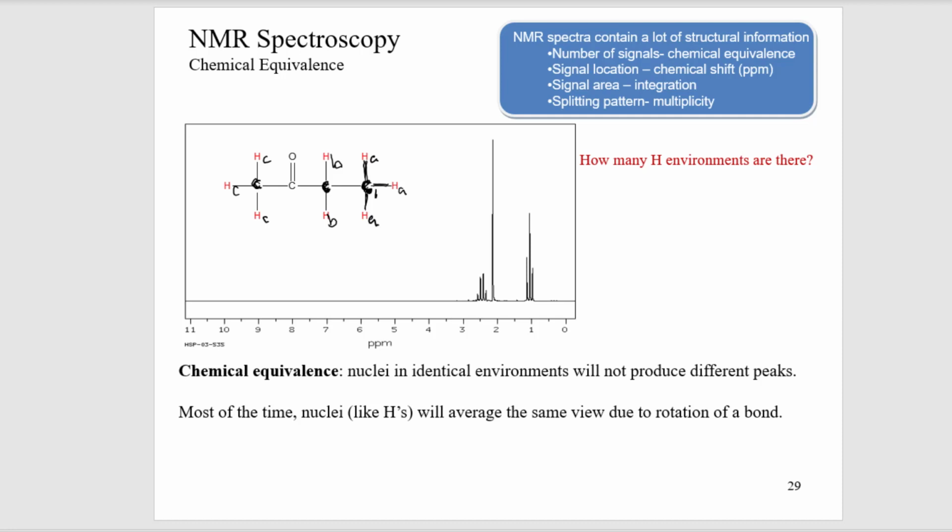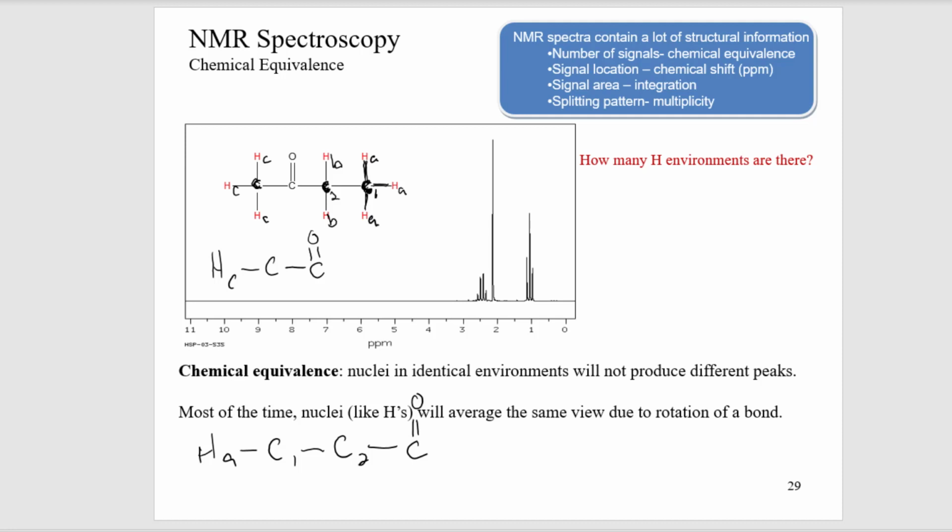So it's almost like degrees of separation, right? HC is on a carbon next to a carbonyl. HA is on a carbon, 1, next to a carbon, 2, next to a carbonyl. Those are not equivalent environments.